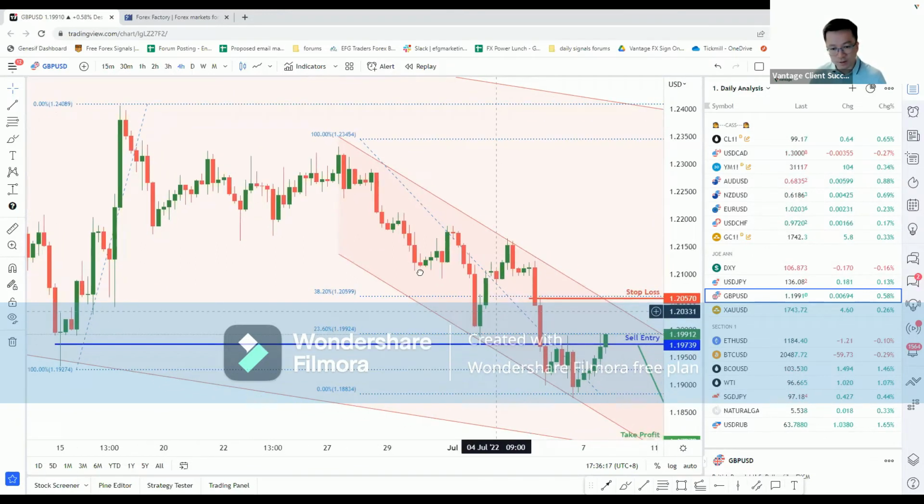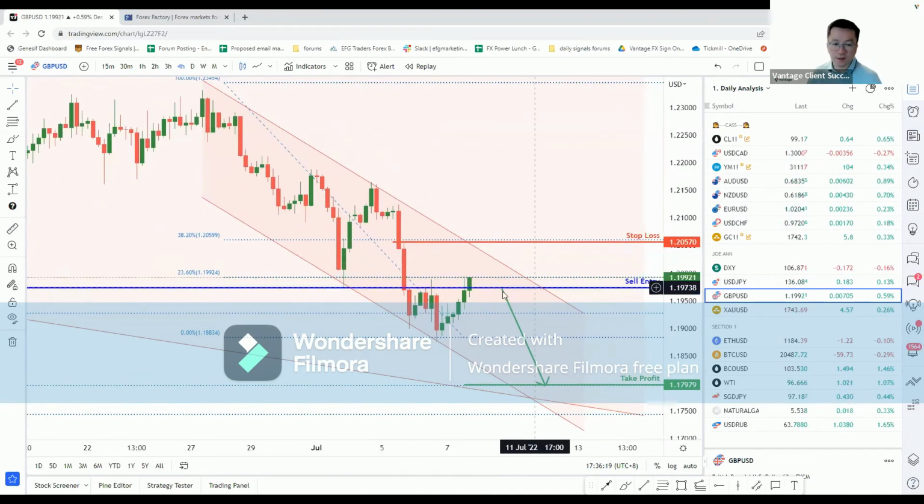I'll move this chart a little bit. You can see there, we're going to see that test 1.1970, possibly even towards 1.20. But the likelihood is that we're going to see a reaction at this 23.60 fib level, and also the 38.2 level.